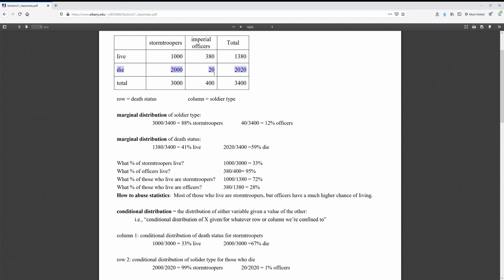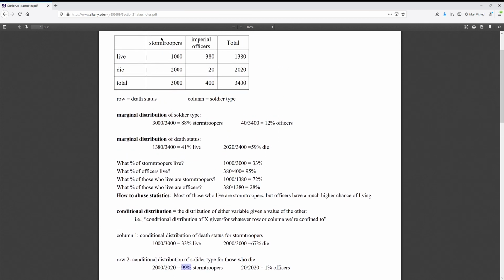So yes, if you're talking about people who die, there's a 99% chance it's a stormtrooper. Sorry, try again. If you're talking about those who die, then 99% of them are stormtroopers and 1% of them are officers.